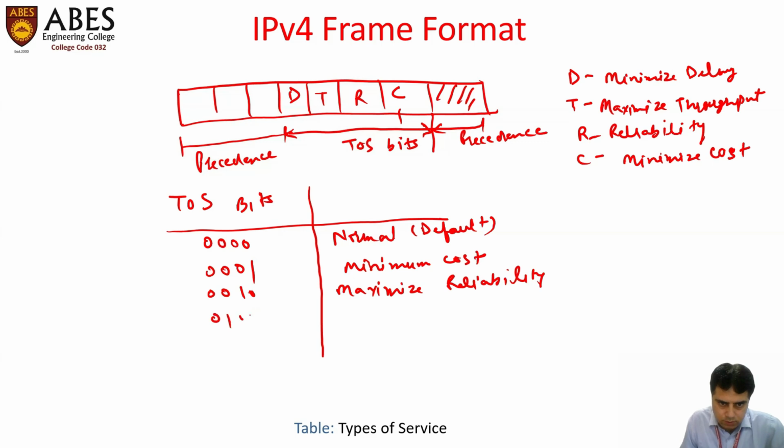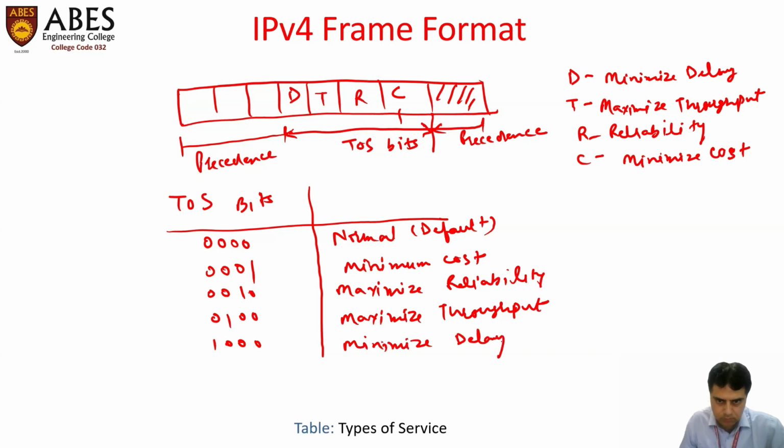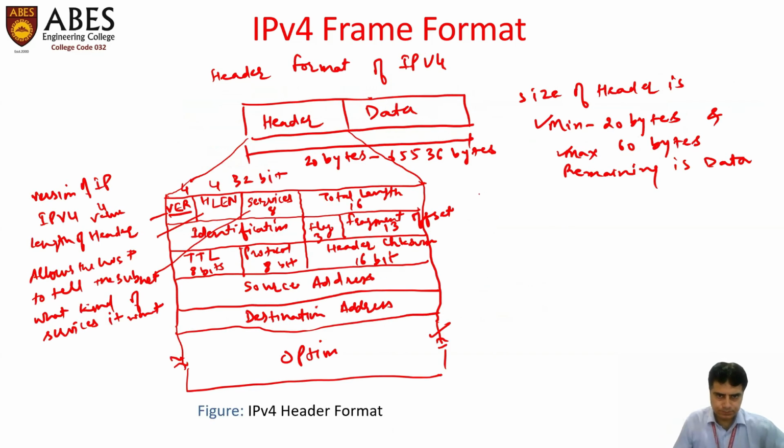Then 0100 represents maximize throughput. And 1000 will represent minimize delay. So these are the types of services provided by the subnet that it defines.